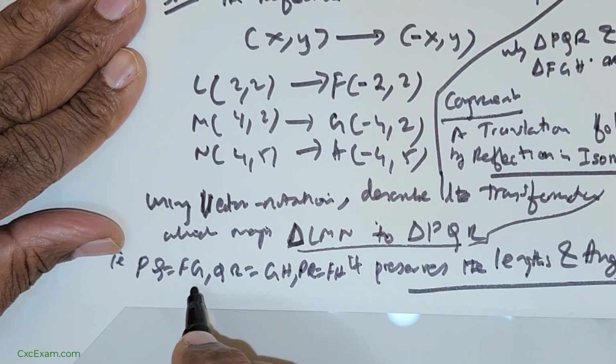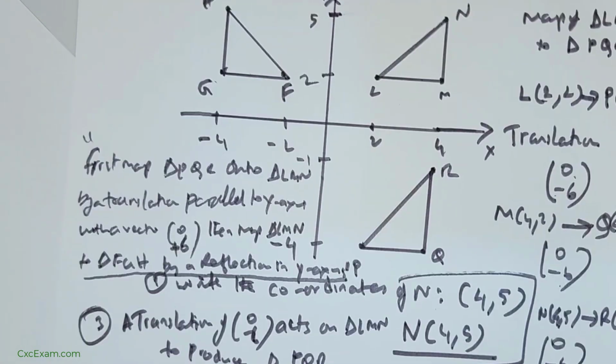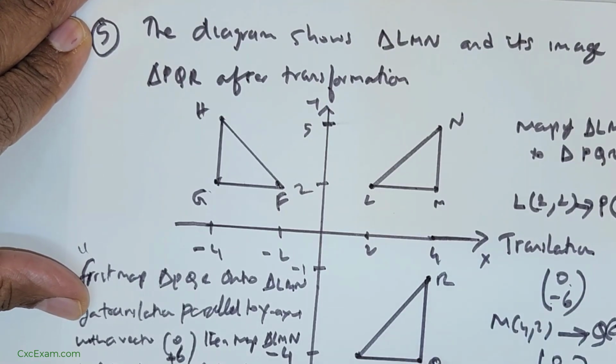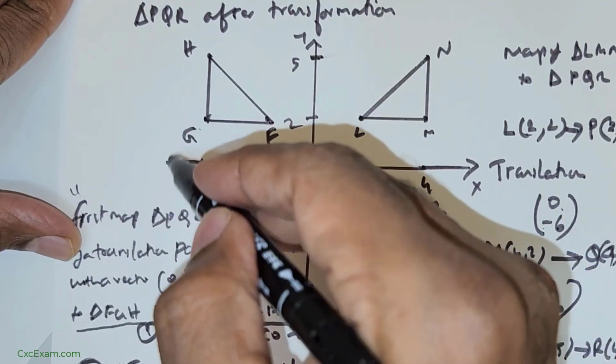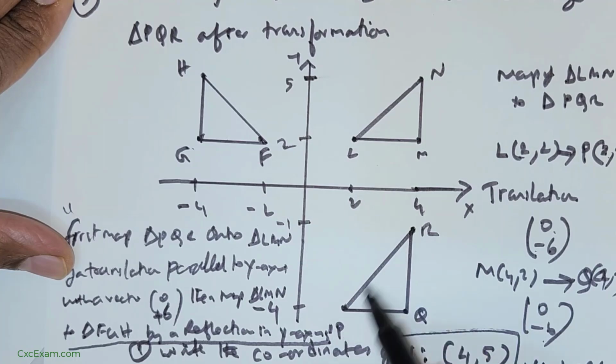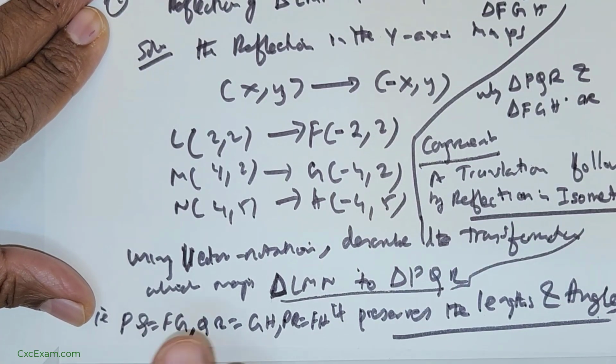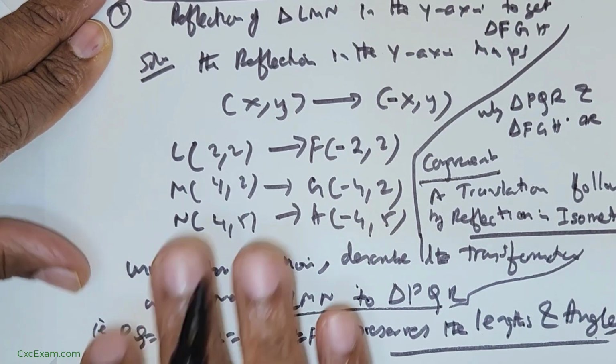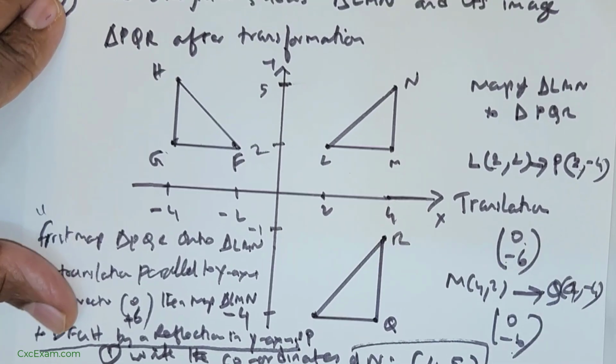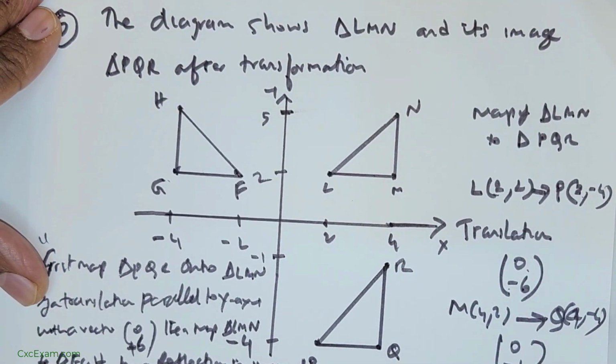Okay, if you see the figure, you will understand that this is the figure. Okay, QR is GH, PR is FH. So the triangles are congruent. Okay, so that completes the entire solution for this question, and we move on to the next one. Okay, so this is question number 9.